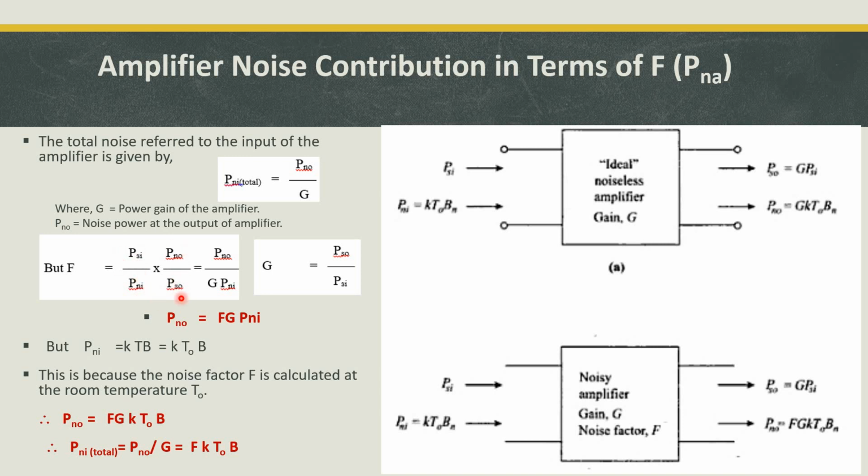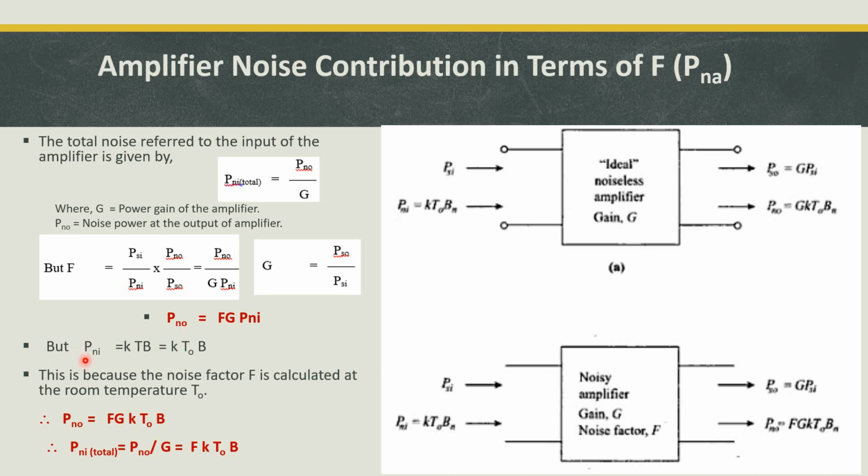Rearrange this parameter. Finally, you know that output power divided by input power is called gain. So gain G is equal to output divided by input. That will be replaced here. So you will get PN0 divided by G into PNI. Now rearranging this final equation, PN0 is equal to FG PNI. So noise factor, gain factor multiplied with input noise, the final output is PN0.